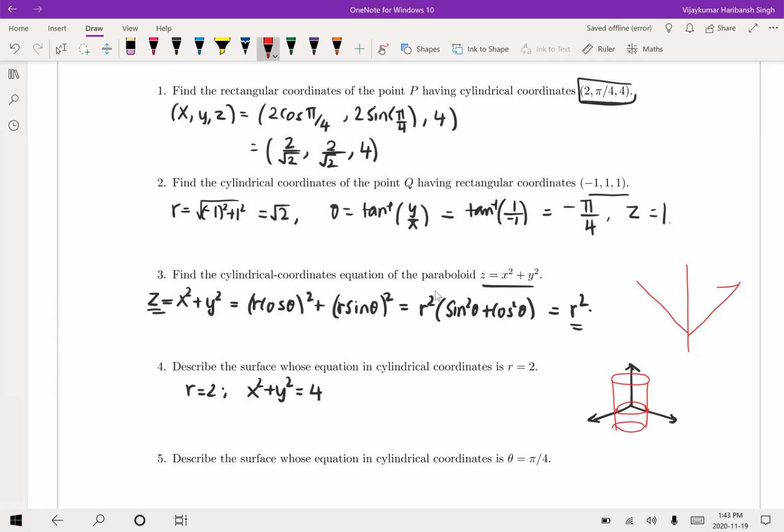After all, it's z equals x squared plus y squared.